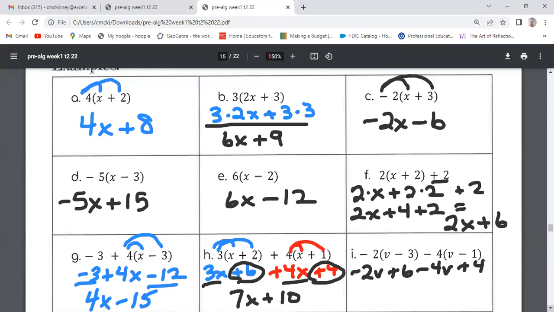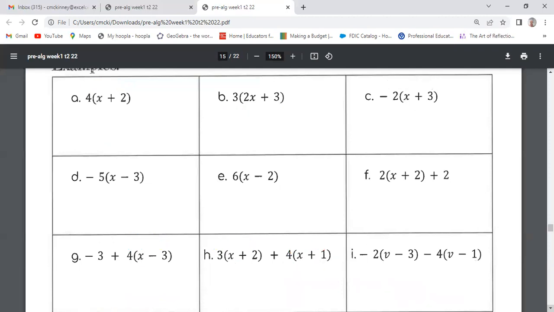Then we need to combine our like terms. So -2v and -4v makes -6v. And plus 6 and plus 4 make plus 10. All right, I hope that's what you came up with. So that is combining like terms and distributive property. And those last problems, we did have to use both combining like terms and distributive property.